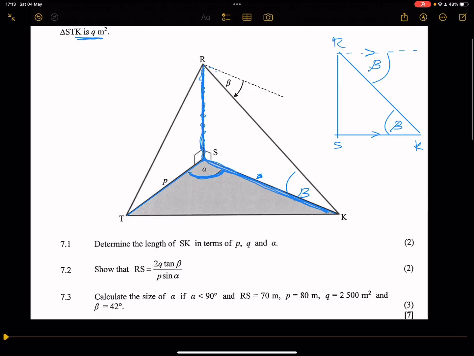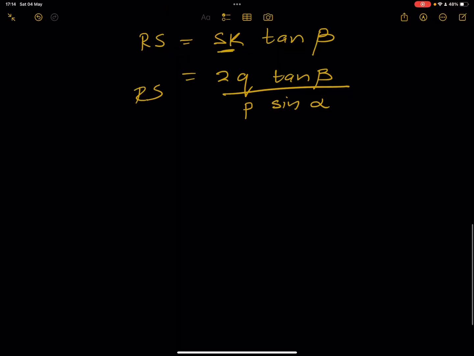And finally, they say calculate the size of alpha if alpha is less than 90 degrees, right? And RS is 70 meters. P is 80, so RS is 70 and P is 80.